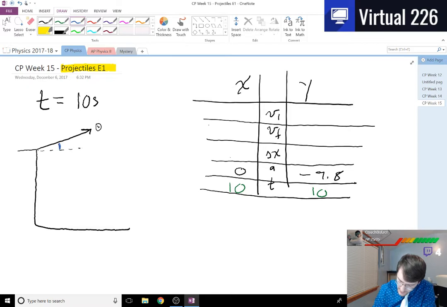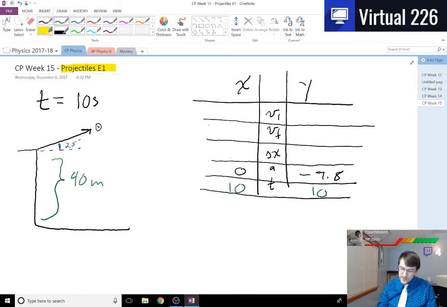Let's say we know the angle we throw it out. Let's say we throw it out at like 25 degrees. In a problem like this, you would have the angle, which is one thing, the time, which is the second thing, and then I'd say something like you were, I don't know, 40 meters off the canyon floor.